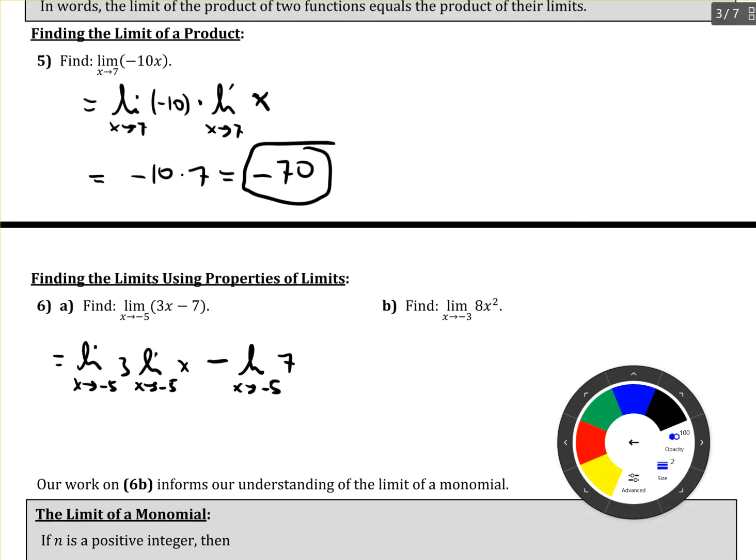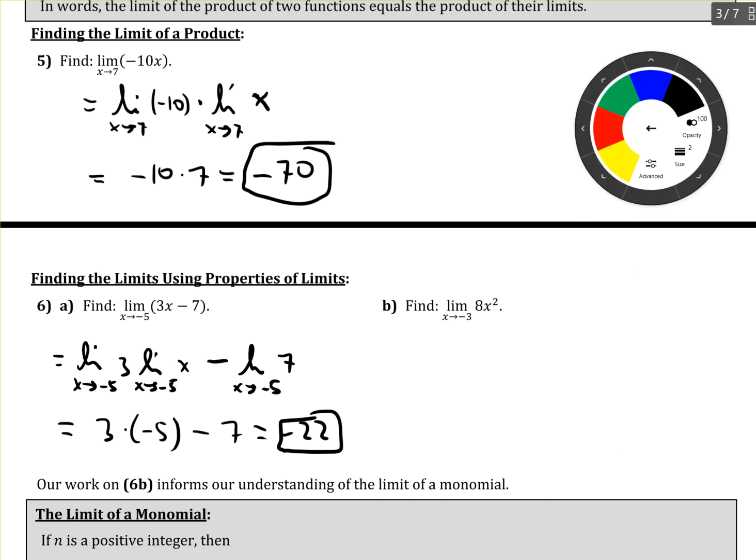So limit as x goes to -5 of 3 is 3. Limit as x goes to -5 of x is -5. And then limit as x goes to -5 of 7 is 7. So I get -22. Now, limit as x goes to -3 of 8x squared.